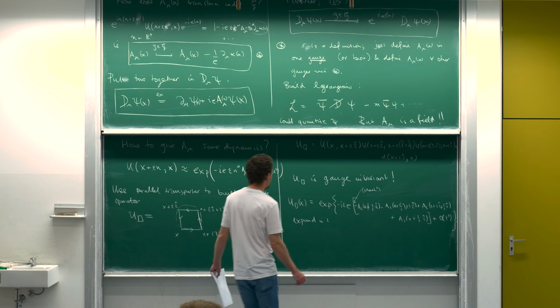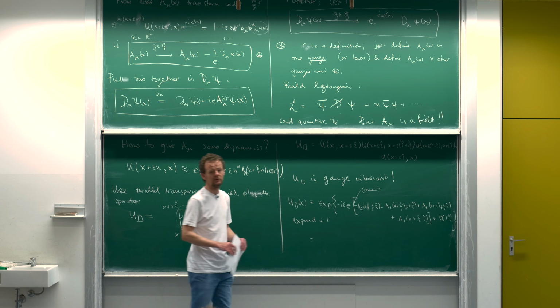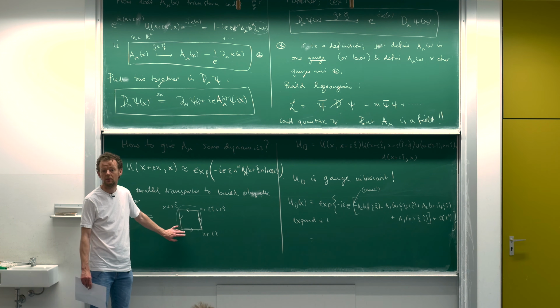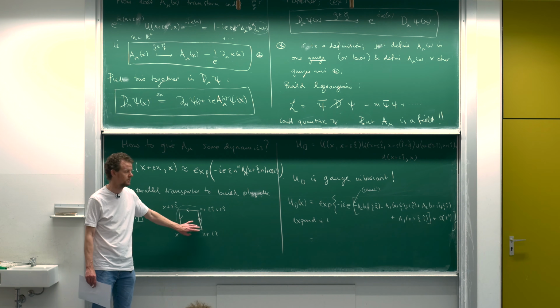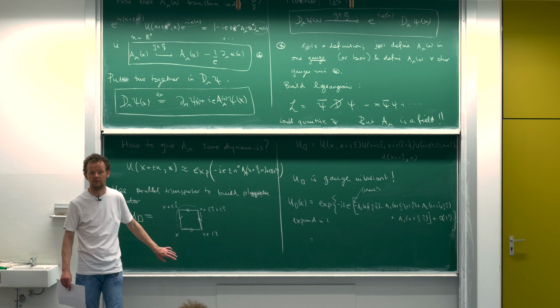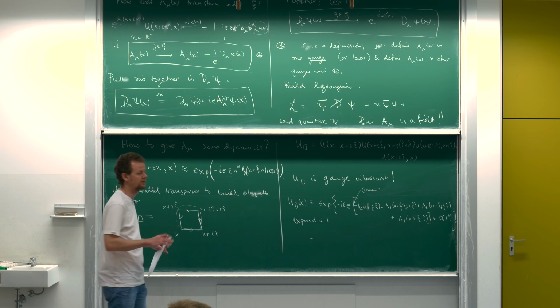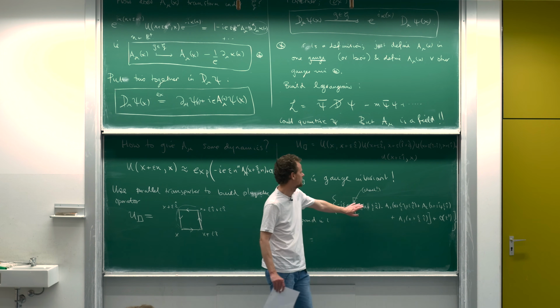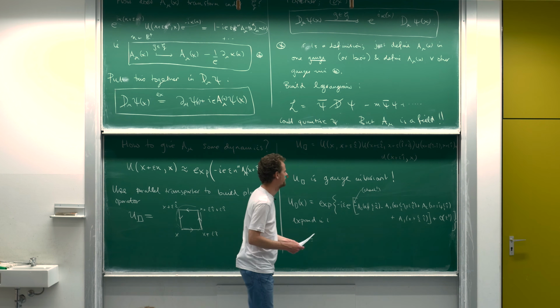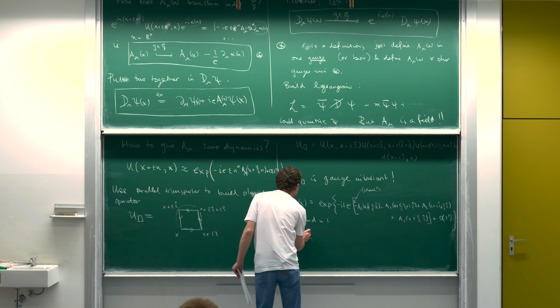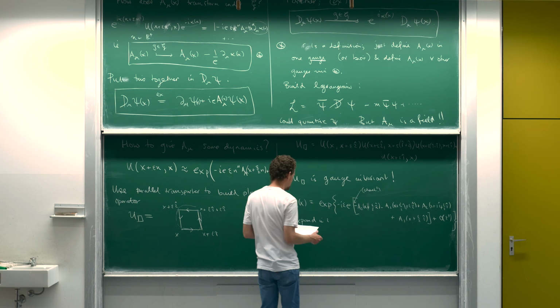So if we expand in powers of epsilon, then what do we get? Well, we can already see from this picture what we're going to get. To order 1, we get 1. To order epsilon, we're going to get 0. Everything cancels to order epsilon. You have to do some more Taylor seriesing to get that, but believe me, it cancels.